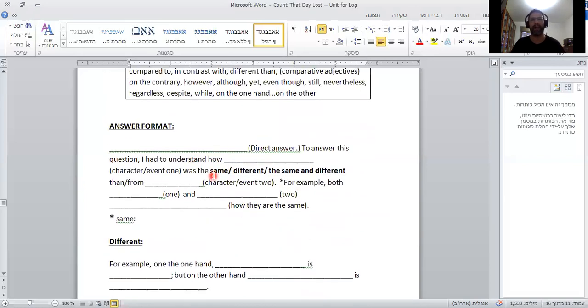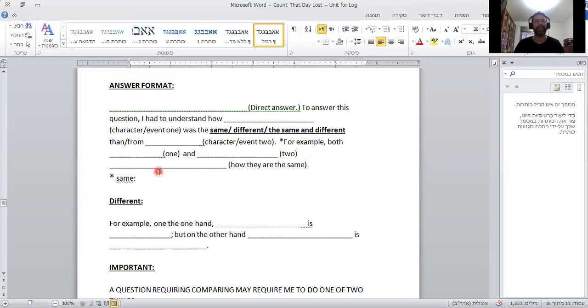For instance, if I were to ask, are the days in "Count That Day Lost" the same? Are the days in the two stanzas the same? I would say, the days in the two stanzas are not the same. To answer this question, I had to understand how the stanzas are different from each other.